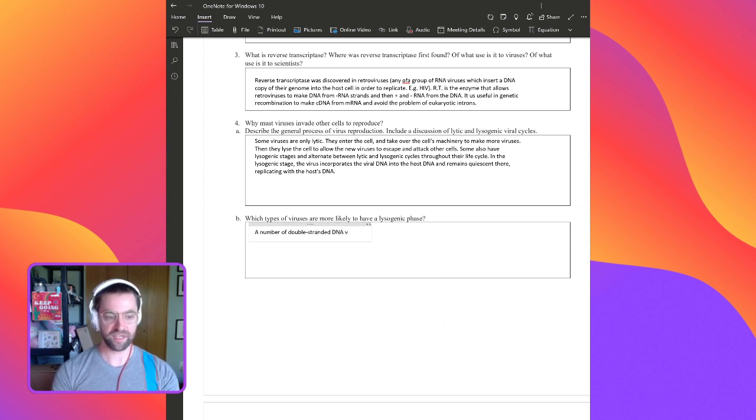A number of double-stranded DNA viruses and retroviruses that can produce double-stranded DNA can become lysogenic and incorporate into the host DNA.